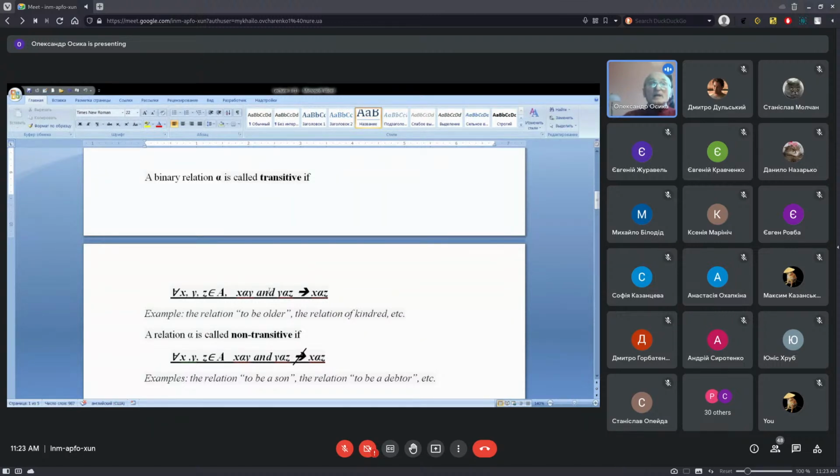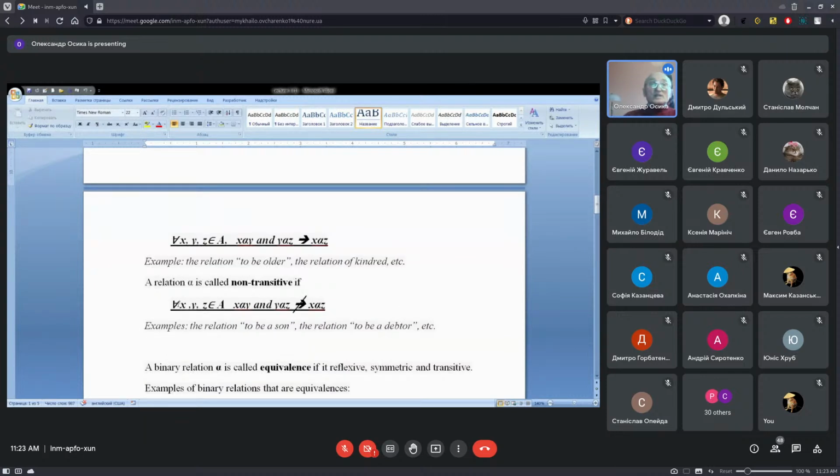If sometimes this is true but sometimes it is not, then it is not transitive, it is non-transitive, as it says here.